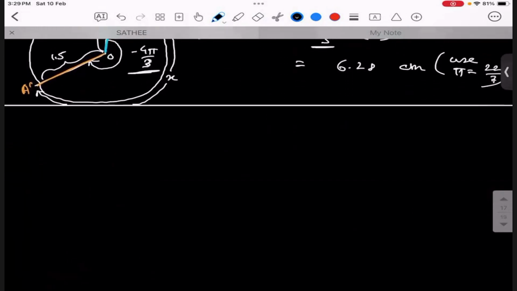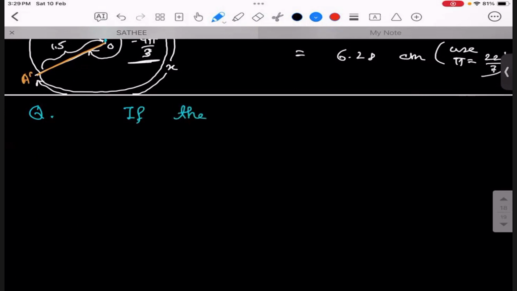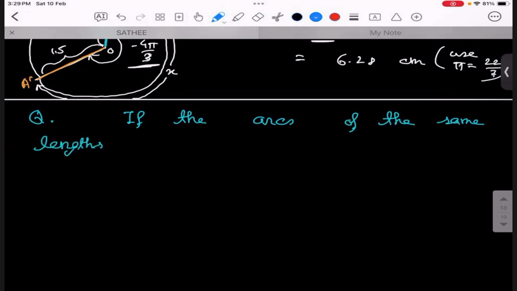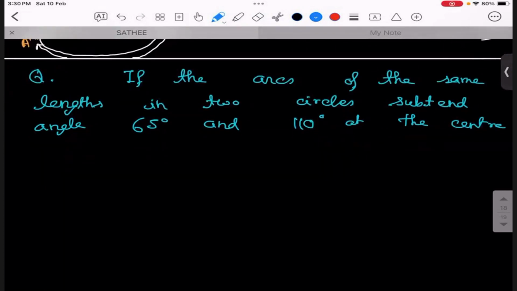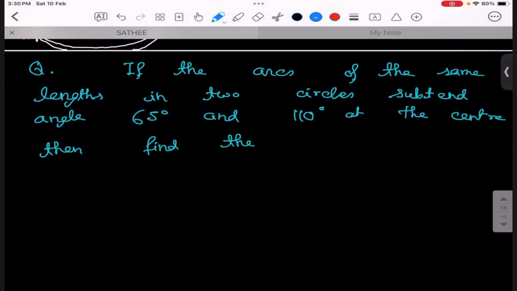Now let us discuss a beautiful example. If the arcs of the same length in two circles subtend angles 65 degree and 110 degree at the center, then find the ratio of their radii.